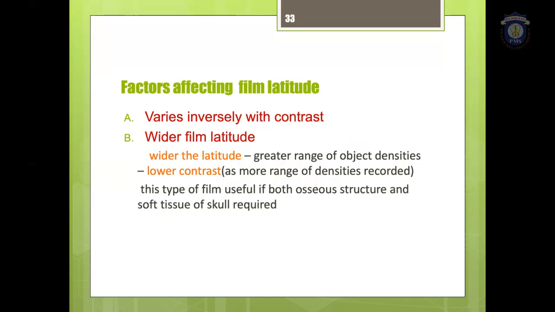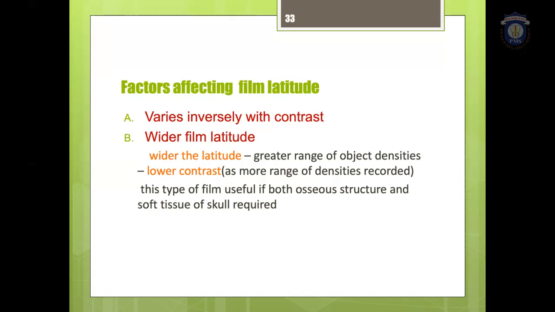Factors affecting film latitude. Latitude is inversely proportional to contrast. The wider the latitude, there will be a greater range of object densities and lower contrast.